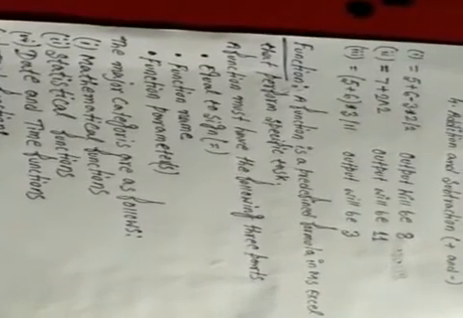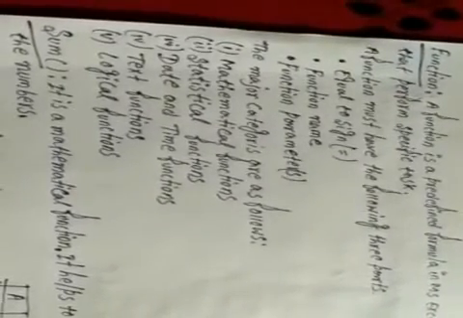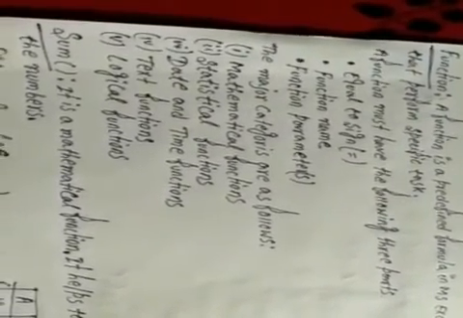Those are equal to sign, function name, function parameters. The major categories are as follows. There are different types of functions in MS Excel. Those are mathematical function, statistical function, date and time functions, text functions, and logical functions.